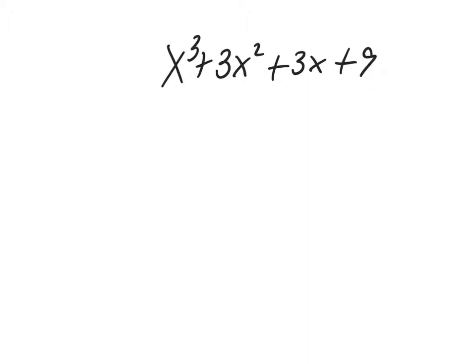Well, they would give you this clue. Try x equals 3. Well, then you go like this. 3, 1, 3, 3, 9. Do it. See if you can do it.